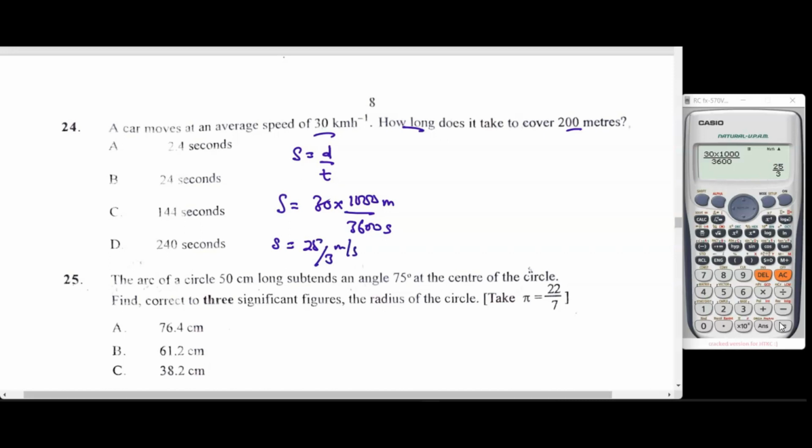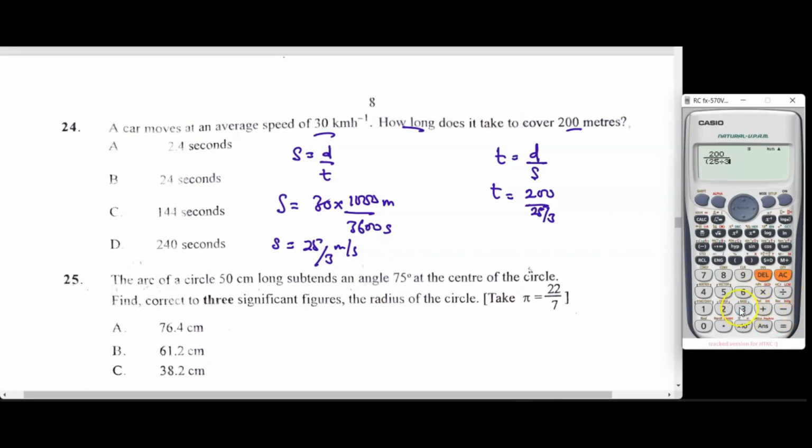So we know that time is equal to distance over speed. So now our time is going to be, the distance is already 200 divided by the speed, which is 25 on 3. So just key it in. So 200 divided by, into bracket, 25 on 3.